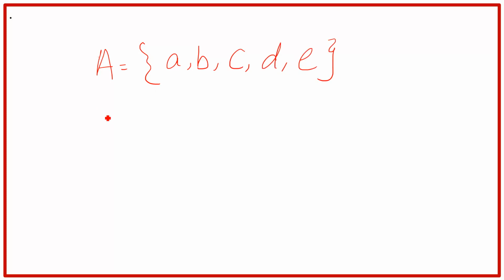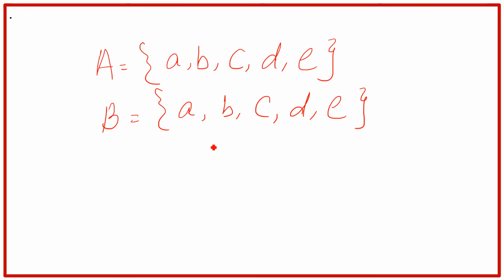One more example, suppose we have set A, instead of 1, 2, 3, I will write down A, B, C, D and E. If B has the same elements A, B, C, D and E, so these are equal, right?